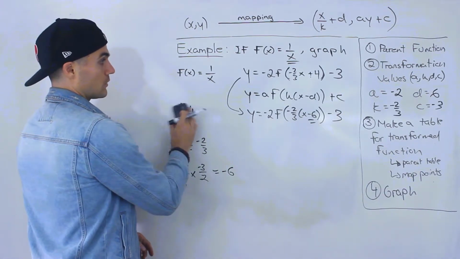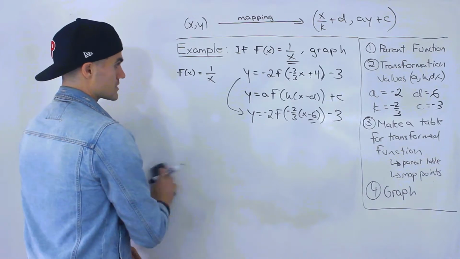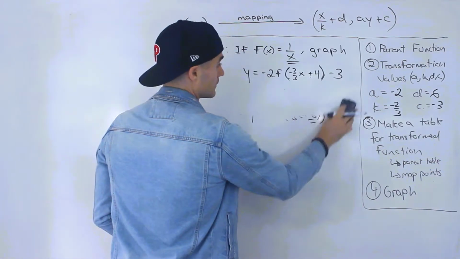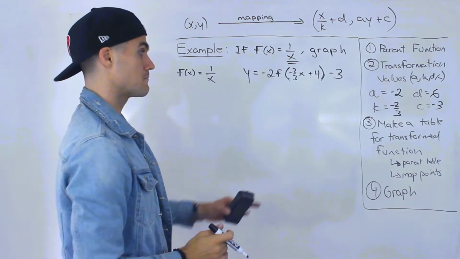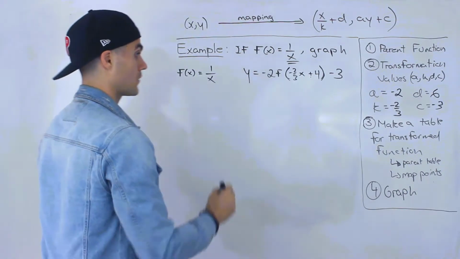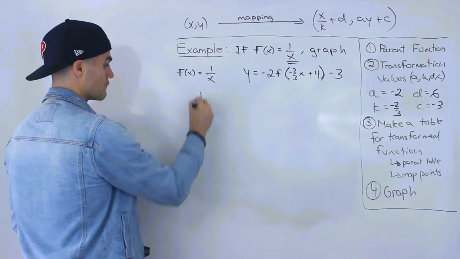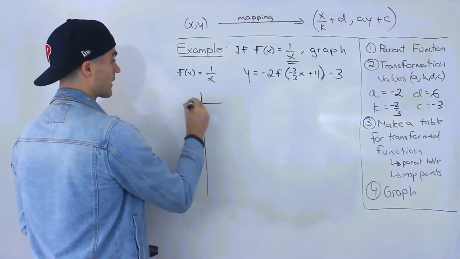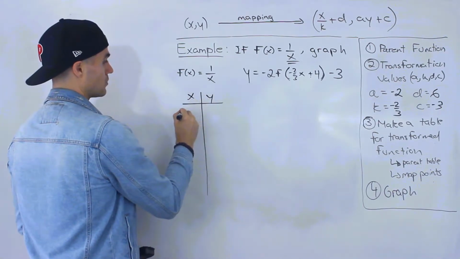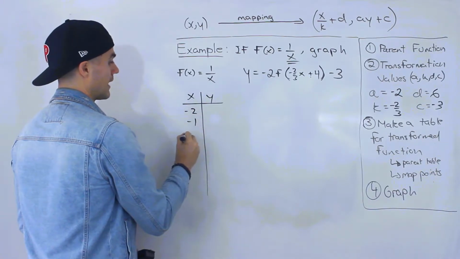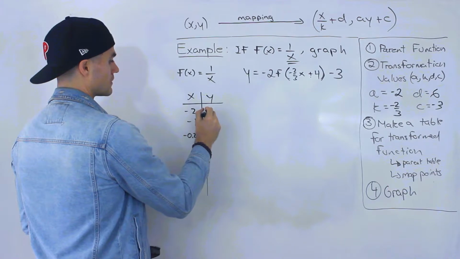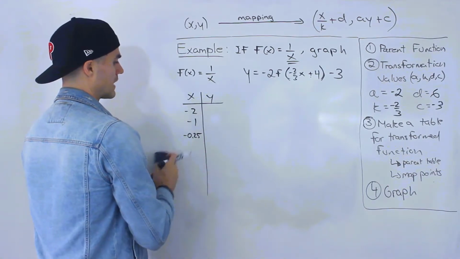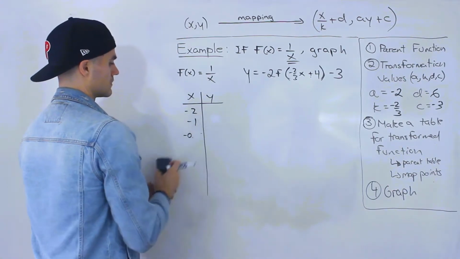So now what we got to do is graph it, and we're going to be using the mapping. So first we got to make a table. We got to make a parent table, and from that video where we discussed 1 over x, I had a table negative 2, negative 1, negative 0.5, my bad.